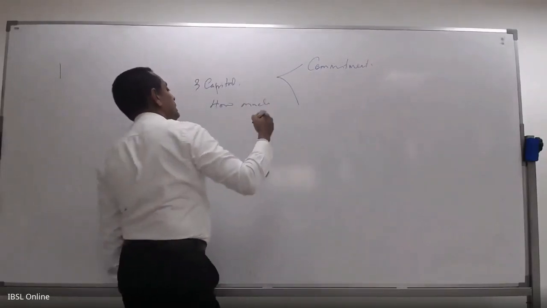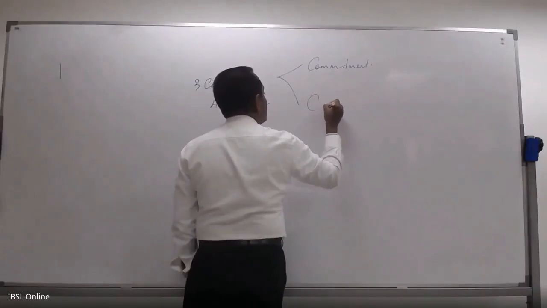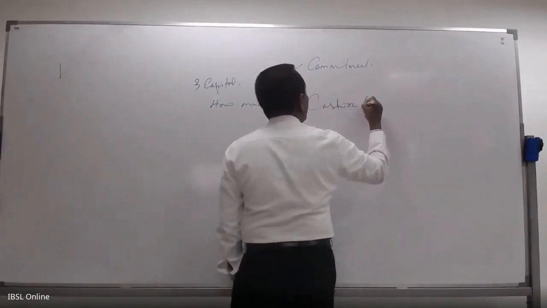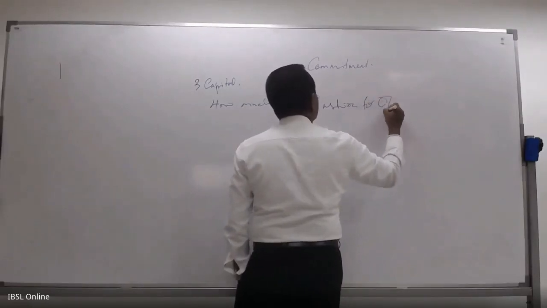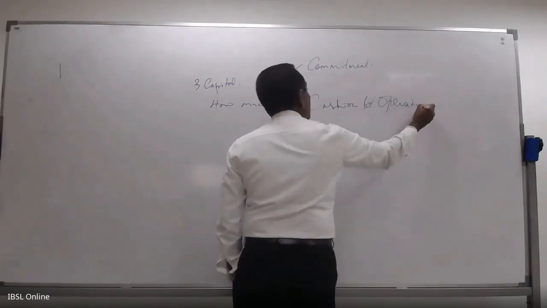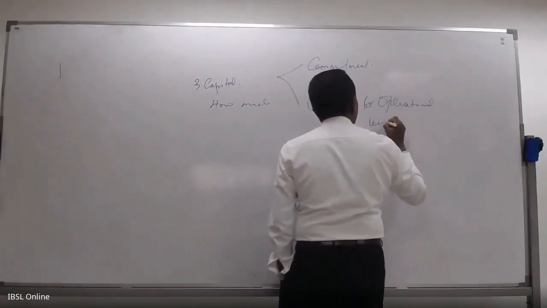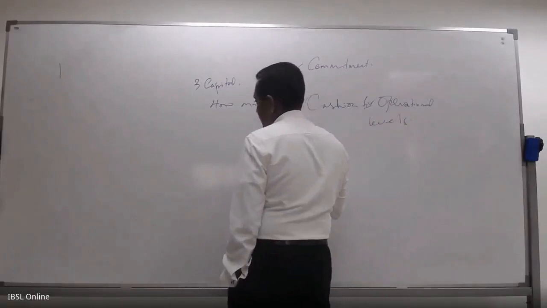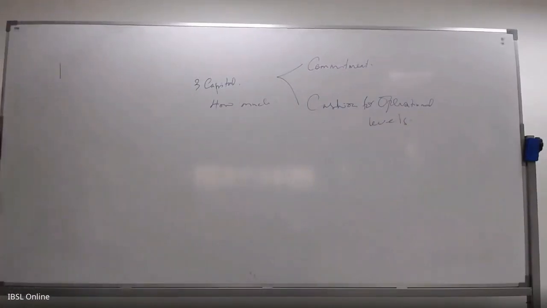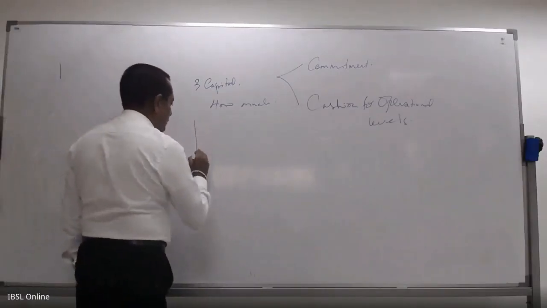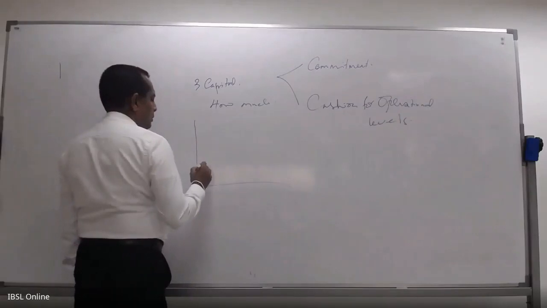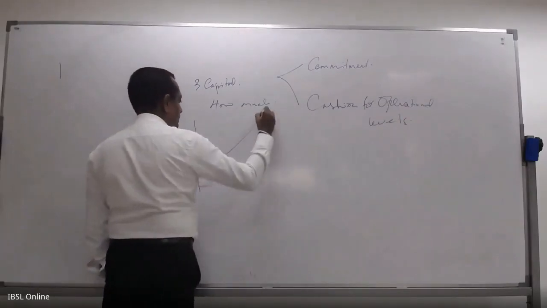Second one, to see the cushion for operational levels, right? Say you have a business. Your business won't go like this.